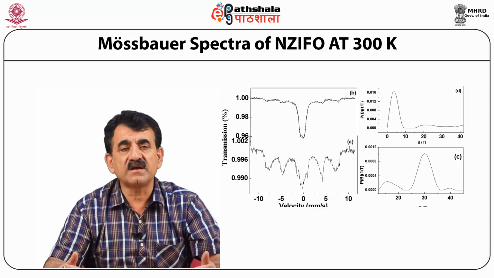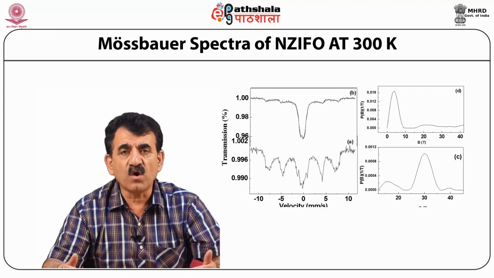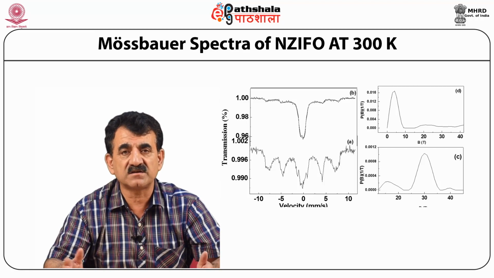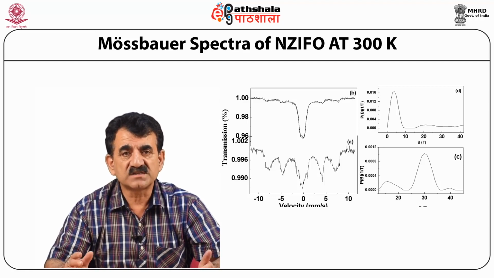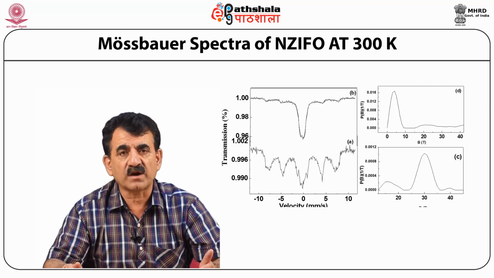But if we increase the concentration of indium beyond 10 or 15%, again at nano level ferromagnetic ordering starts vanishing, and the spectra go from relaxing mode to singlet, as is visible in the figure. For the N2 sample, the relaxed spectrum shows a peak at 3.9 Tesla.